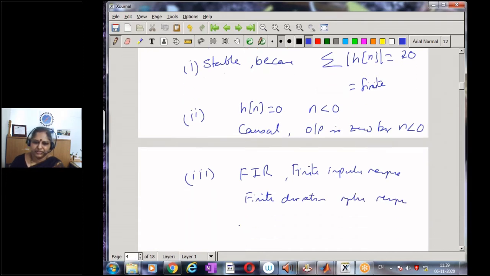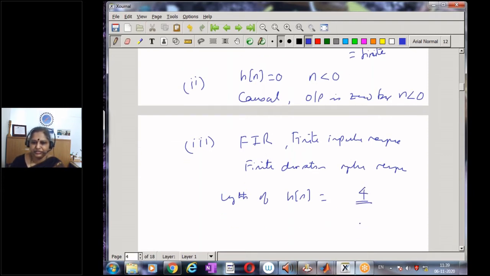So here, if I consider the length of the impulse response h of n, I have 4 non-zero values, and hence the length is 4. The length is 4 and 4 is finite, and hence this is an example of a finite duration impulse response.